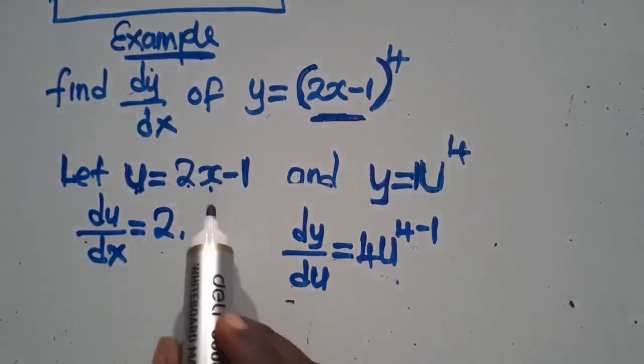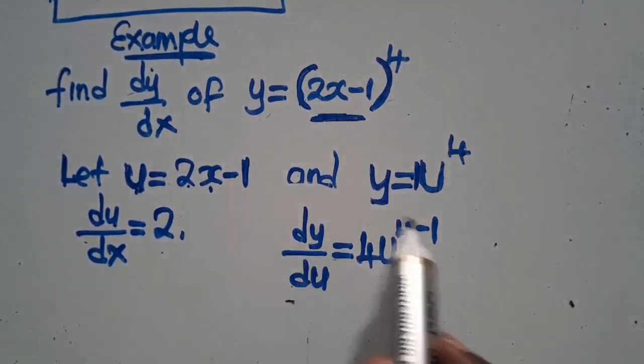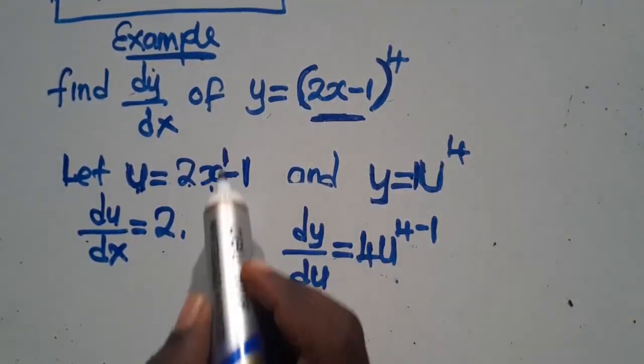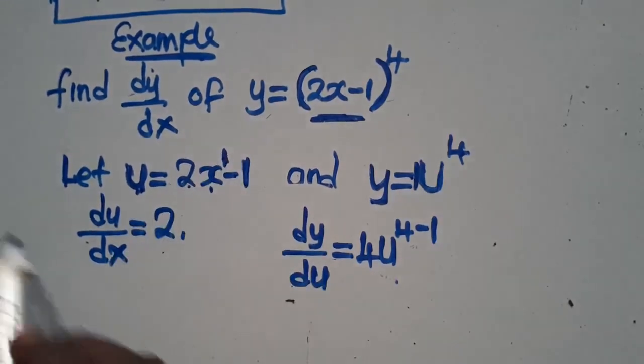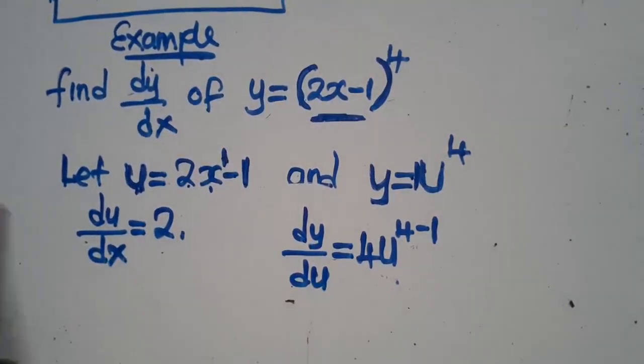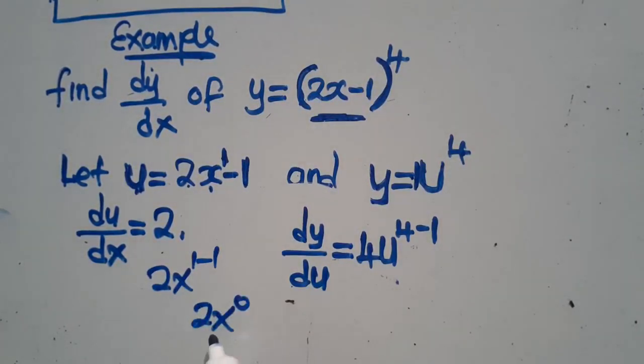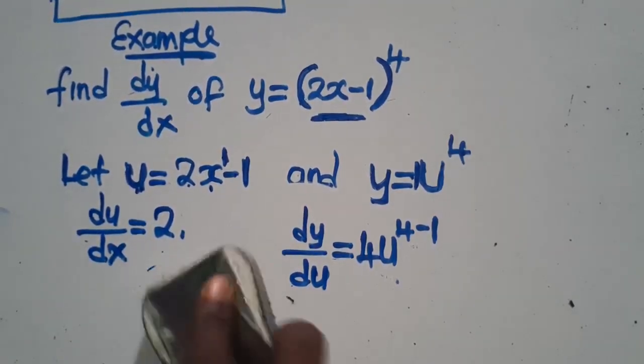Even here, don't think that nothing like this happened. There is 1 there. 1 times 2, it is 2. Obviously, it is what? 2 x to the power 1 minus 1. You're going to have 2x to the power 0. Anything to the power 0 is 1. So 2 times 1, that's why I just wrote a 2 there.